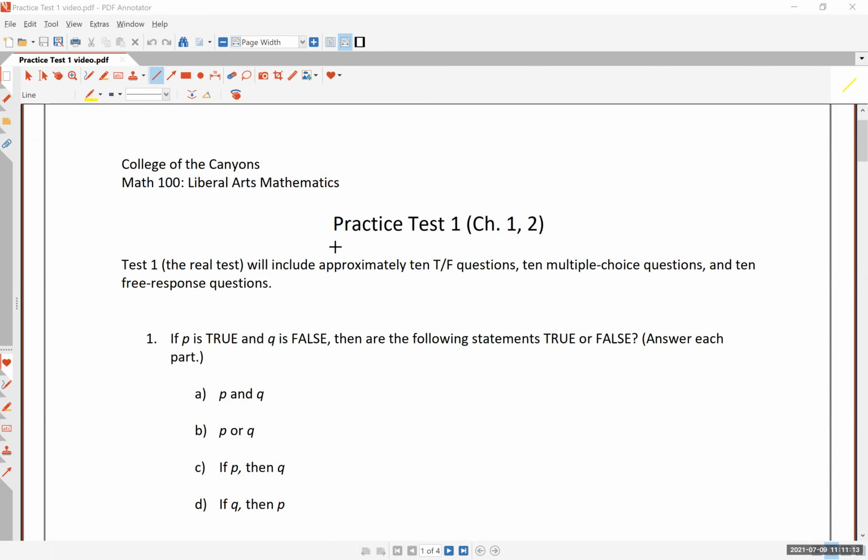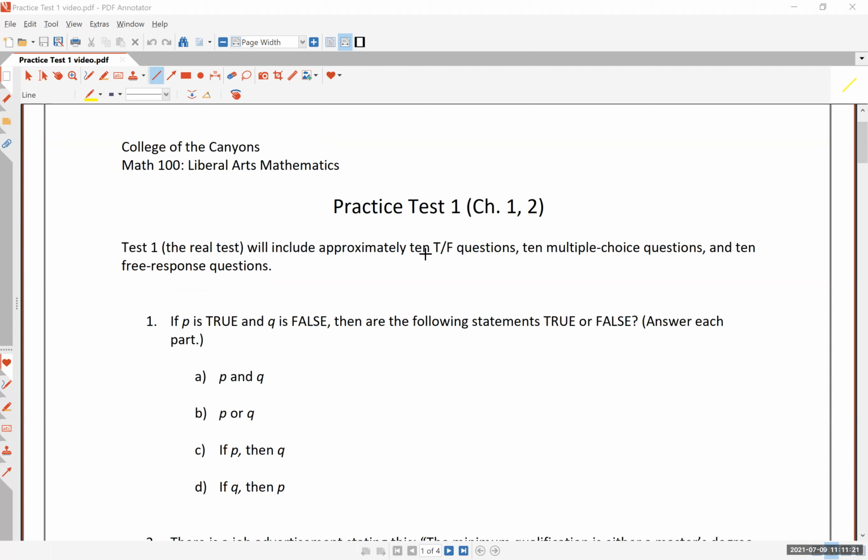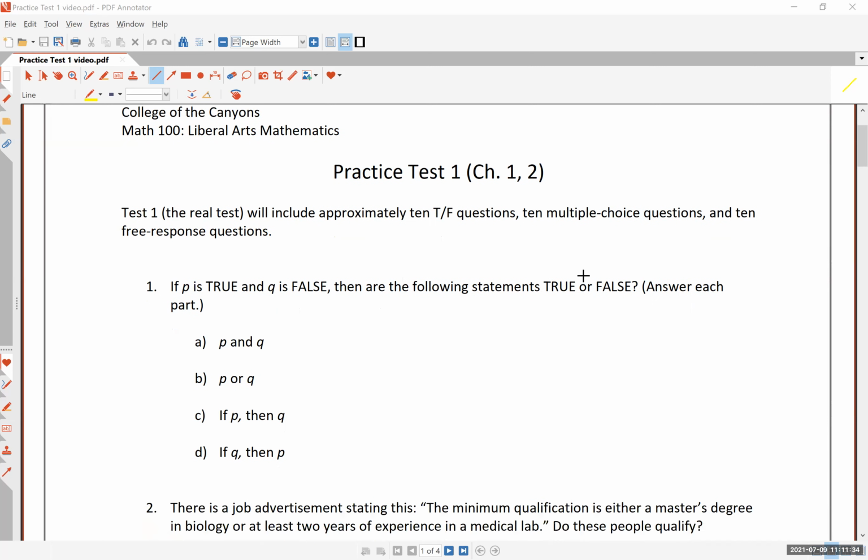You'll find practice test number 1 under the module for test number 1, and as it says, this test covers chapters 1 and 2. The real test number 1 is going to include about 10 true-false questions, about 10 multiple choice questions, and 10 free response questions.